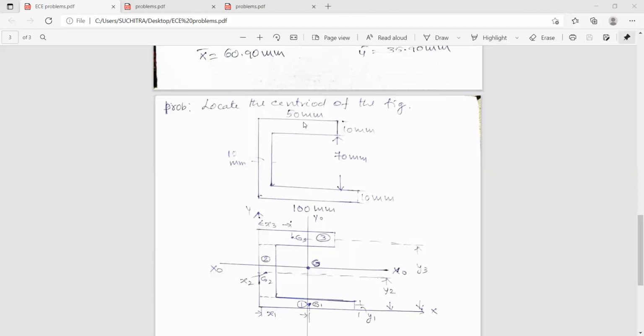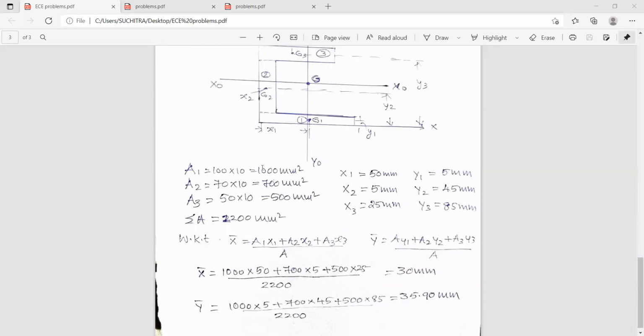So similarly, y1 is from the center of this figure to x-axis, it is 5 mm. And y2 is 70 by 2 plus 10, that is 45 millimeters. And y3 is 70 plus 10, 80 plus 10 by 2, that is 85 millimeters.